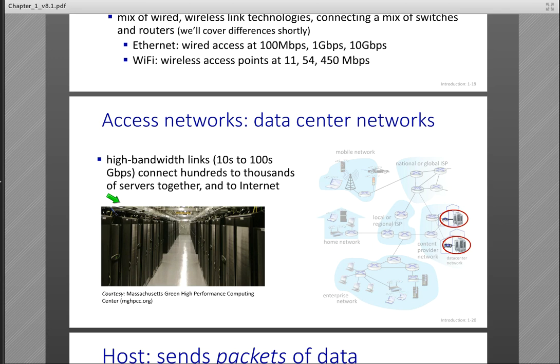Those servers are connected through very high bandwidth links.